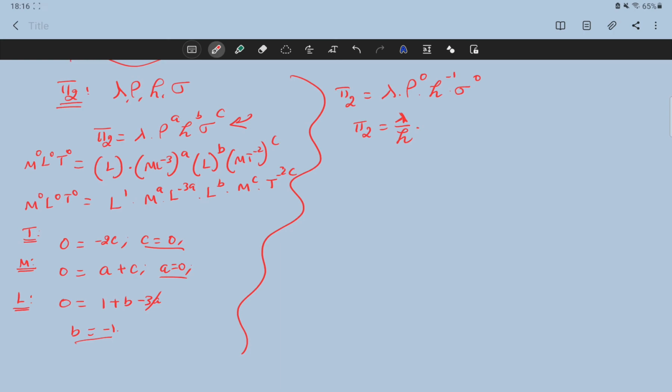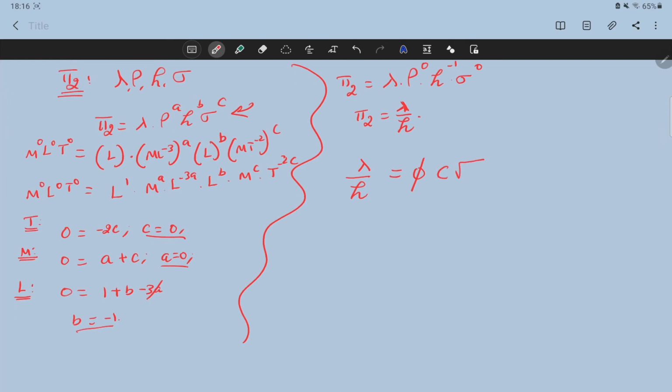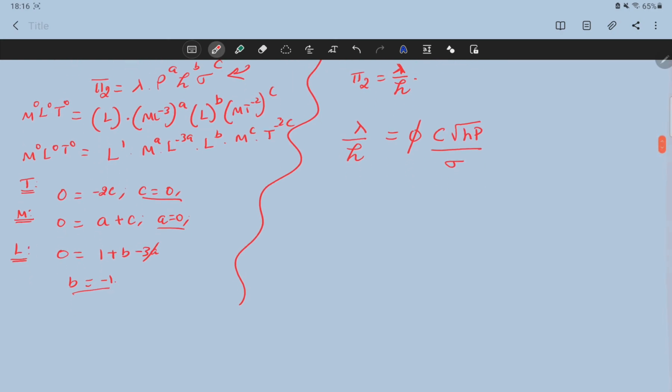And now what we can say is that pi 1 and pi 2 are a function of each other. So lambda by h equals some function. We do not know what function that is. It is a function of c times the square root of rho h divided by the square root of sigma. c is what we require, is it not?